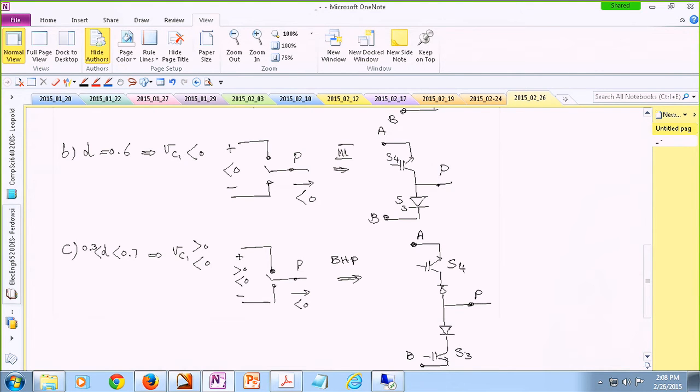Now, we need commands for both S3 and S4, but originally S3 was the active switch, so whatever signal was available to us, we had to invert it and also apply that to S4. Any questions or comments? Okay, so this was the solution that I was expecting from you guys.